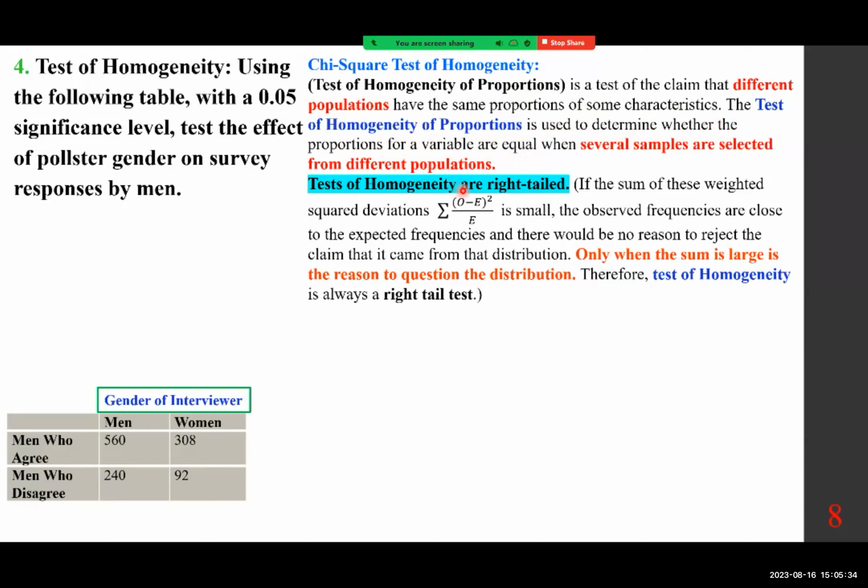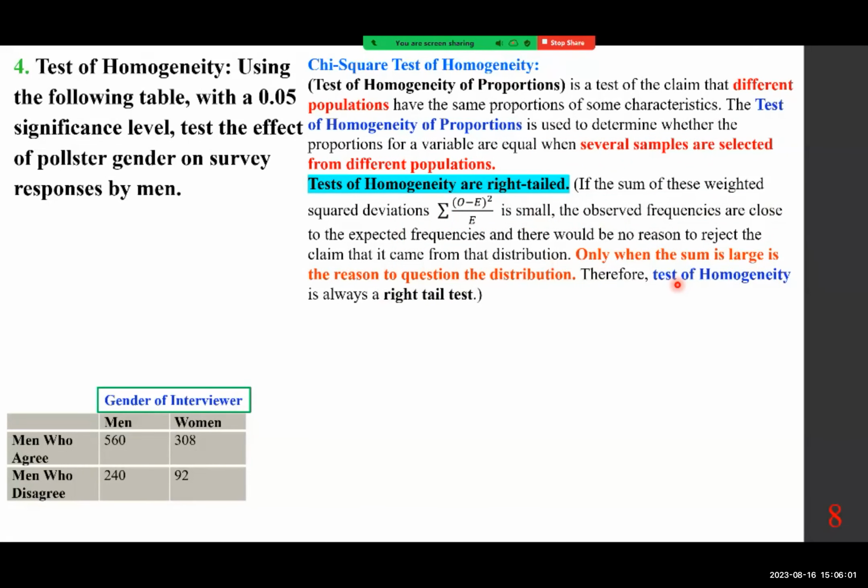Tests of homogeneity are right-tailed. If the sum of these weighted square deviations, summation of O minus E quantity squared over E, is small, the observed frequencies are close to the expected frequencies, and there would be no reason to reject the claim that it came from that distribution. Only when the sum is large is there reason to question the distribution. Therefore, test of homogeneity is always a right-tailed test.